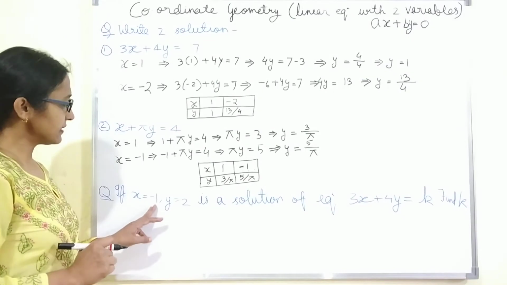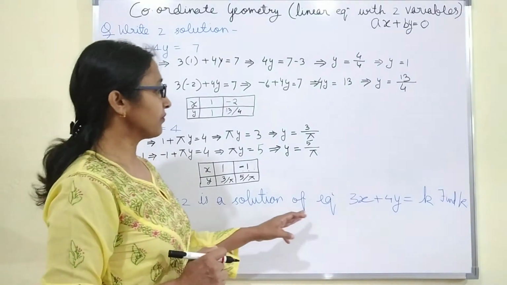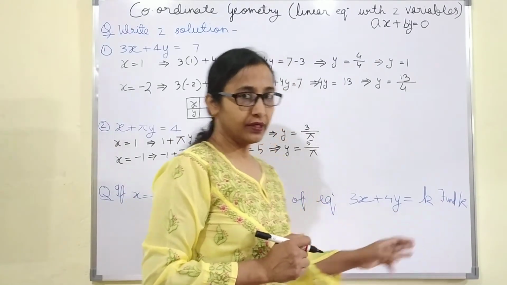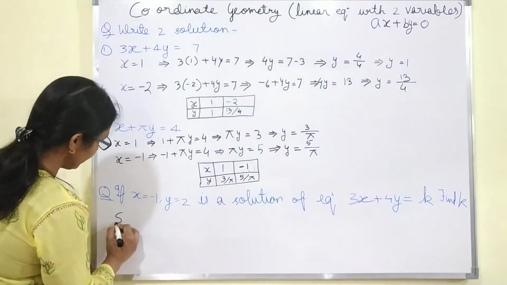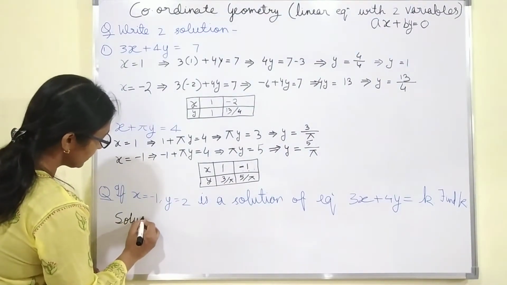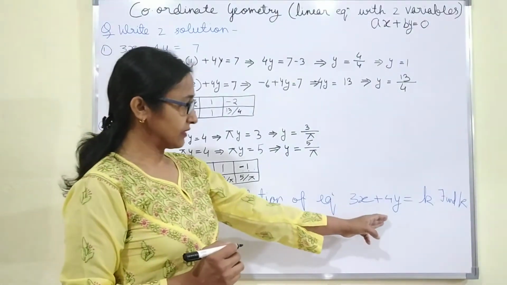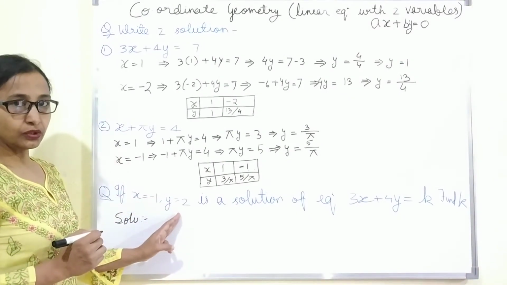If x equals to minus 1, y equals to 2 is a solution of equation 3x plus 4y equals to k, find value of k. So we will substitute x and y in this equation with its values, that is minus 1 and 2.